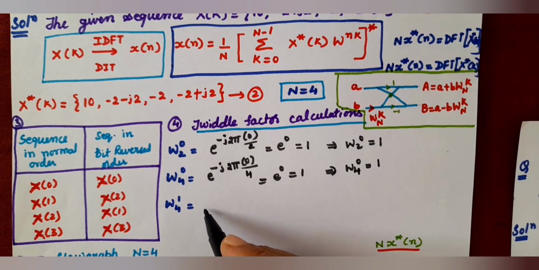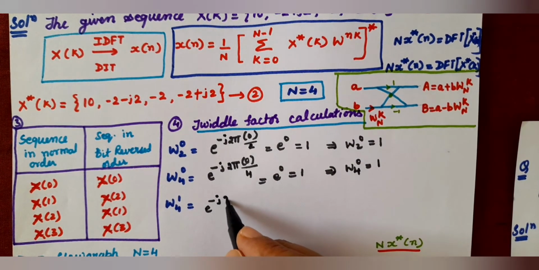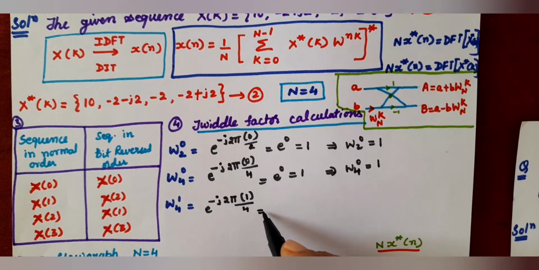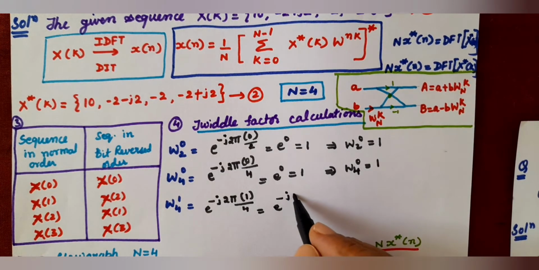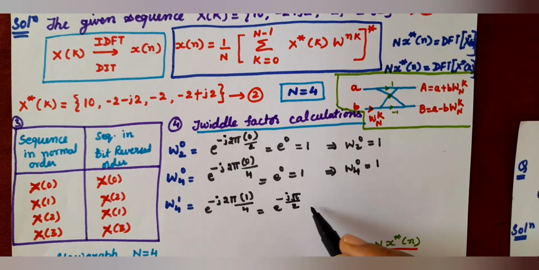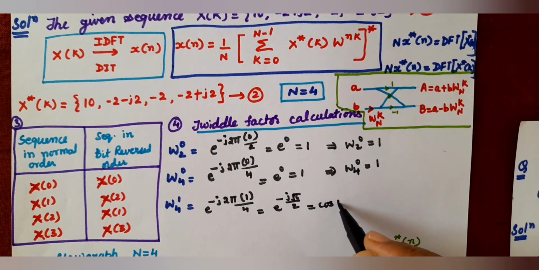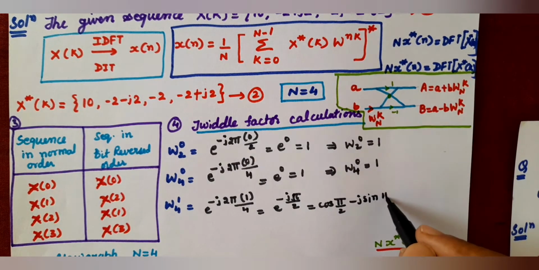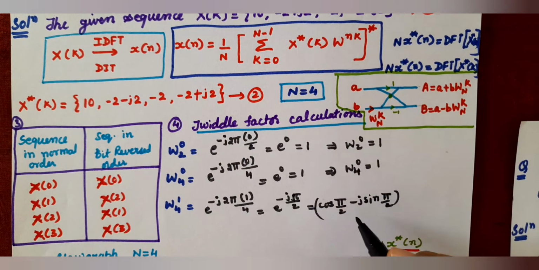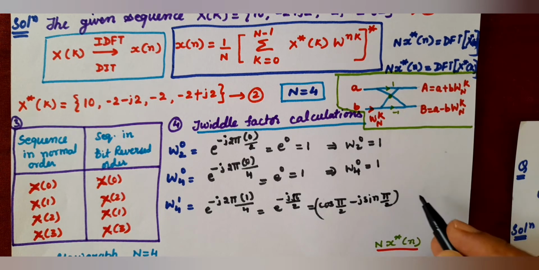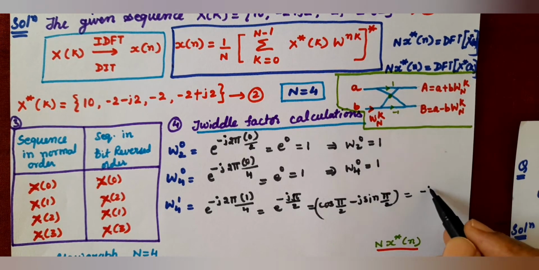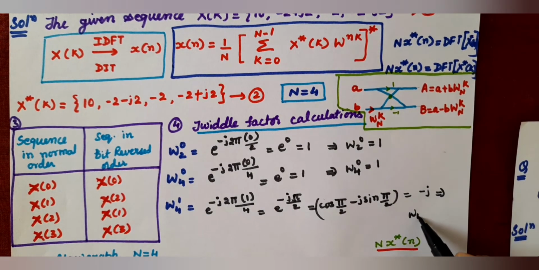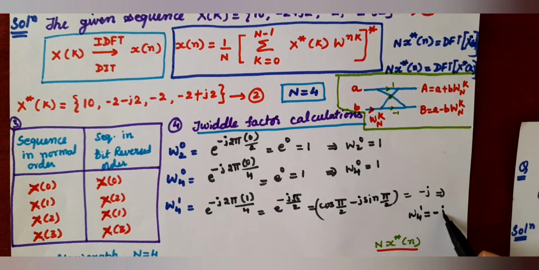W4 to the power of 1 is e to the power of minus j 2 pi 1 by 4, which comes to e to the power of minus j pi by 2, written as cos pi by 2 minus j sin pi by 2. What is cos pi by 2? It is 0. Sin pi by 2 is 1. So it is minus j. So W4 to the power 1 is equal to minus j.